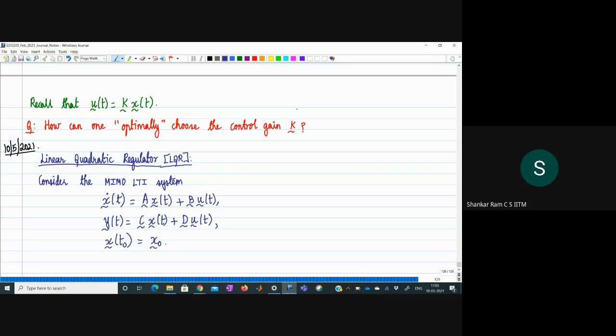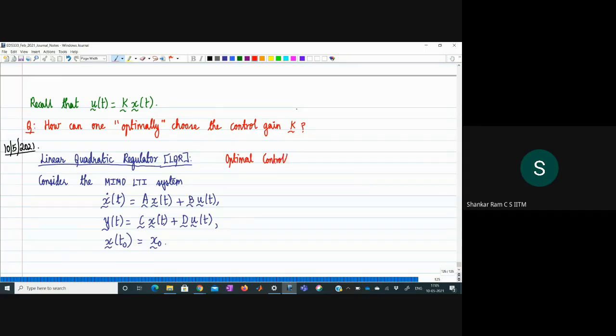The question that we are going to ask ourselves is how do we select this gain, the control gain, in an optimal sense? This linear quadratic regulator falls under the class of what are called optimal controllers. That is something which is important for us to know.